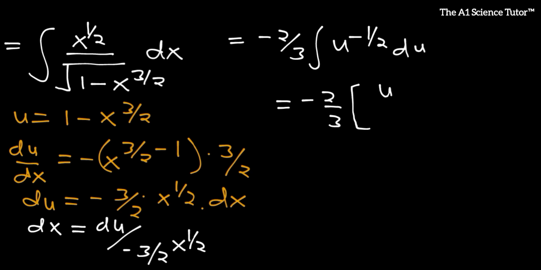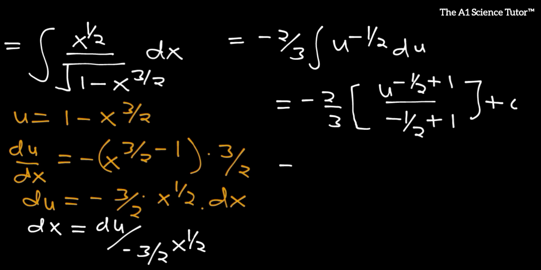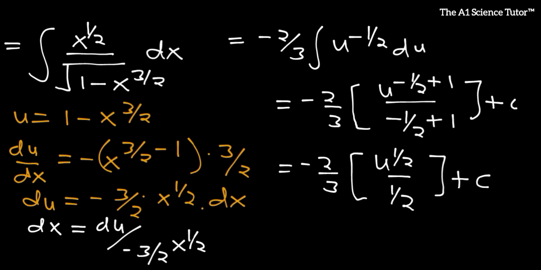So this is u to the power of negative 1 over 2 plus 1, divided by negative 1 over 2 plus 1, plus c. Now if you have negative half plus 1, what is that going to give? So that should actually give us a half. So we're going to have u to the power of half divided by half plus c, right?